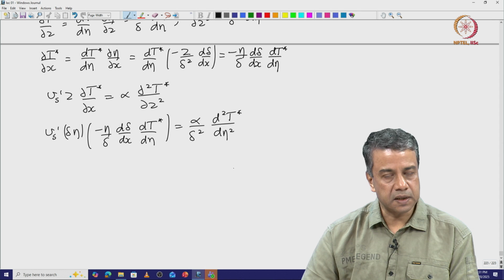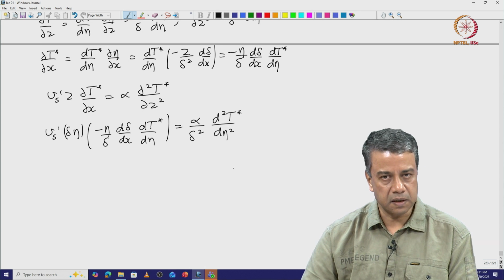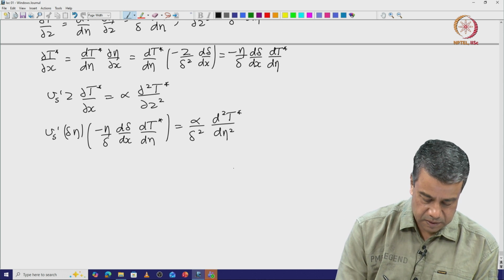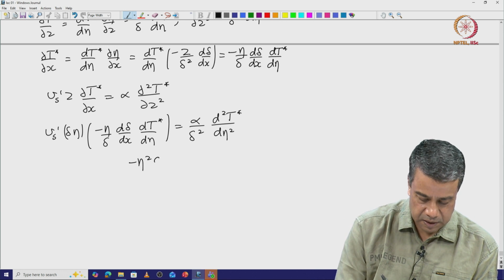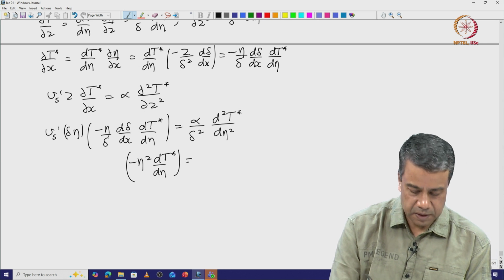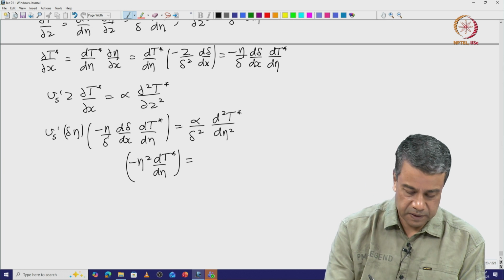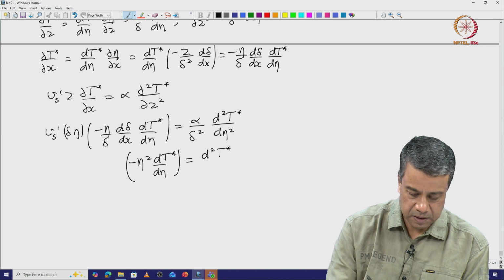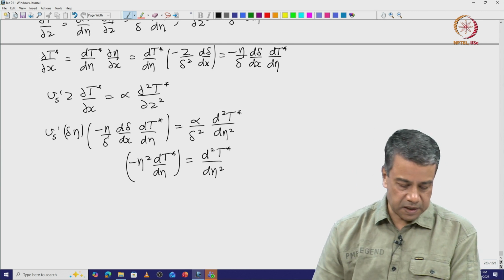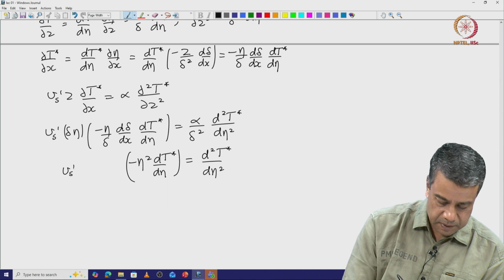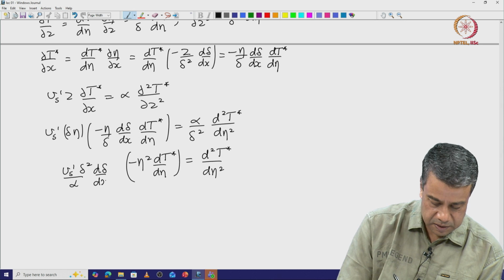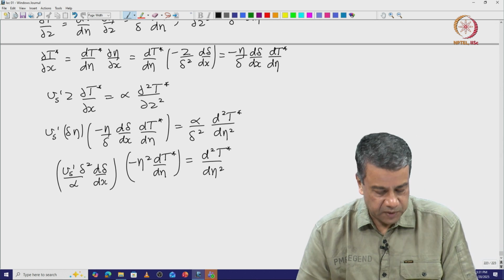We can collect terms that depend only upon eta and terms that depend individually on delta and Vs prime. So, this is minus eta square dt star by d eta, multiply throughout by delta square by alpha, right side will be d square t star by d eta square. And on the left side I will have Vs prime delta square by alpha d delta by dx.